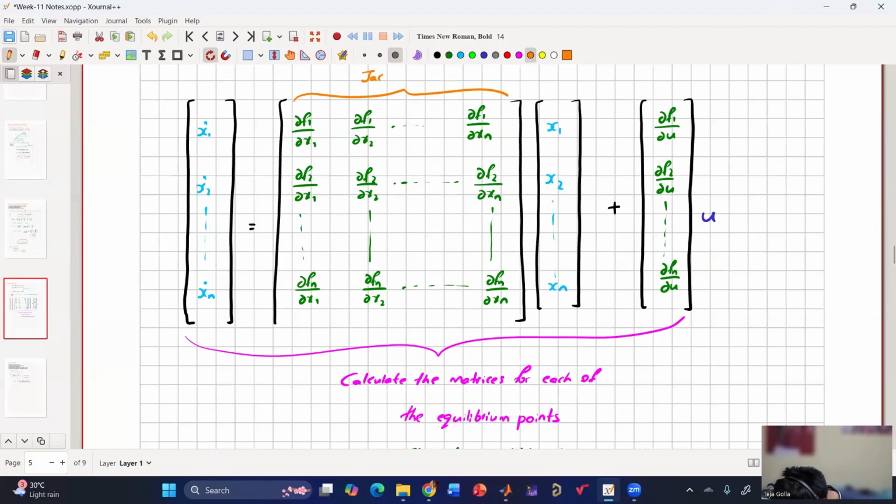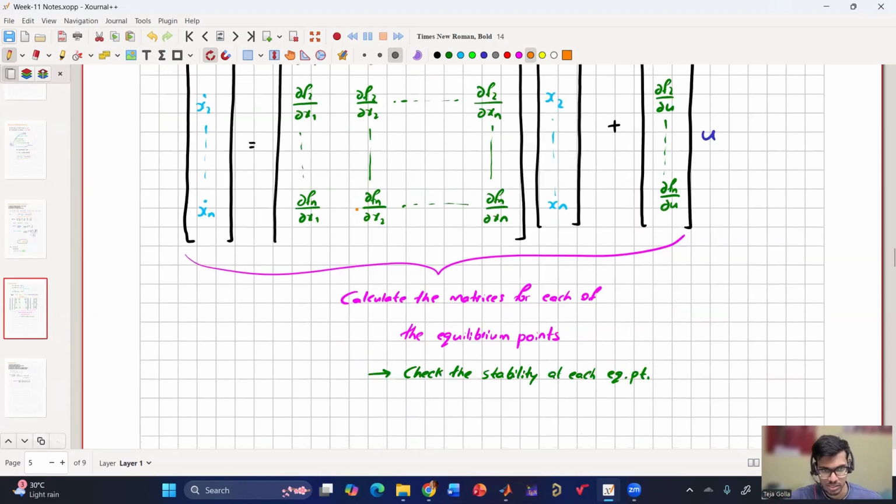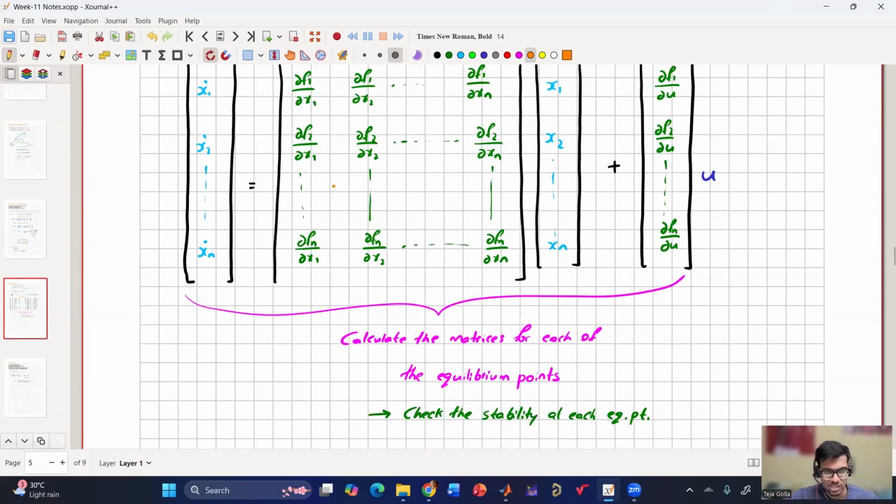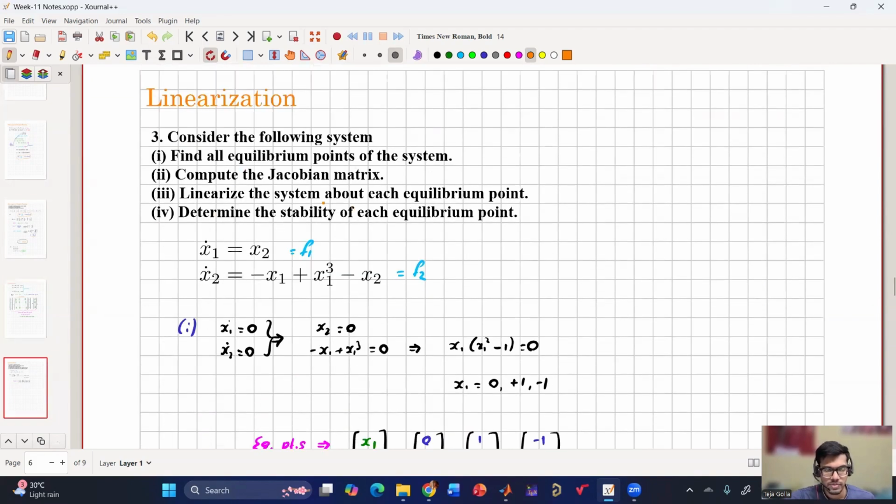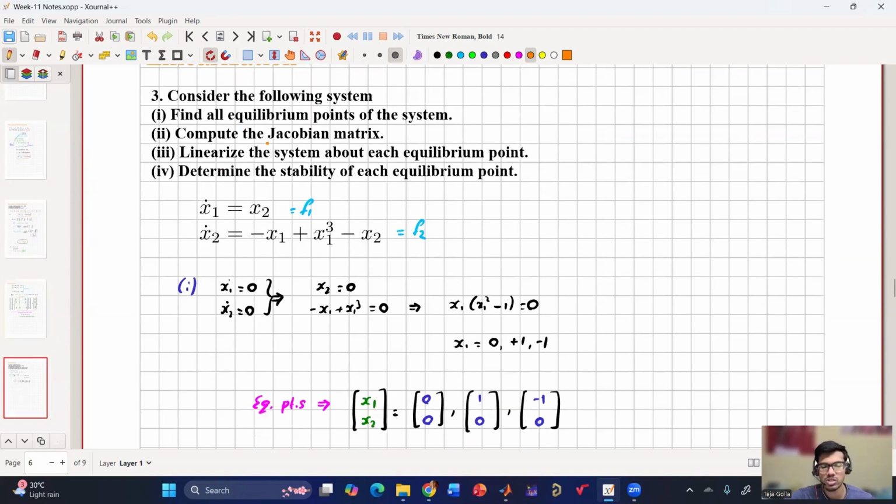This Jacobian matrix value will differ when you calculate at one equilibrium point, and as you move towards another equilibrium point, it will change. So the stability of the system can change. So you have to calculate this Jacobian matrix for each of the equilibrium points. First, let us compute the Jacobian matrix in terms of x1 and x2. Then later we can calculate it at each of these equilibrium points.